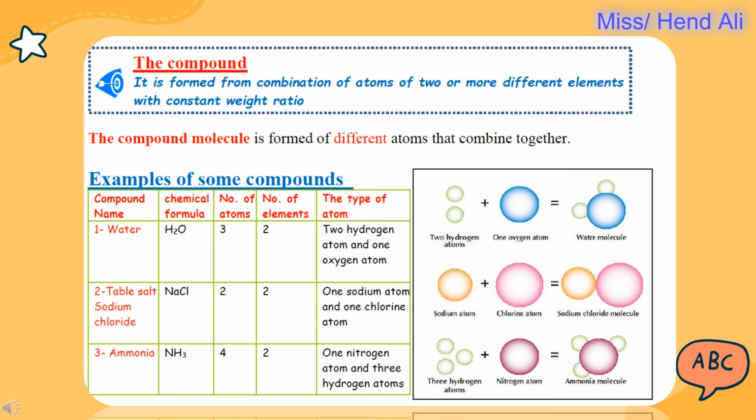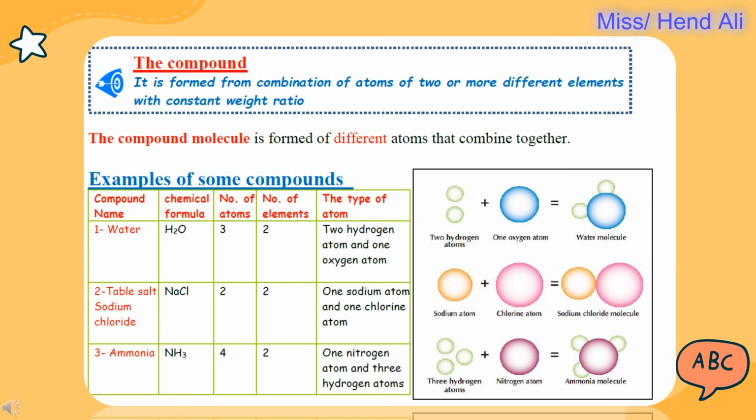Why is the number of elements 2 while the number of atoms is 3? Number of atoms, 2 hydrogen atoms and 1 oxygen atom, while number of elements, we have 1 hydrogen element and 1 oxygen element. So the 2 atoms of hydrogen are considered as an element.